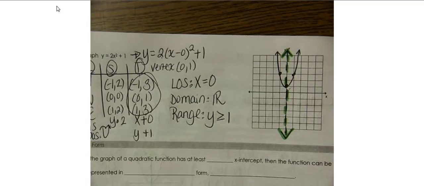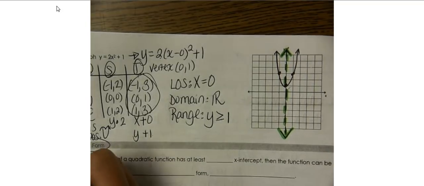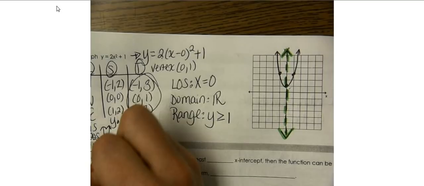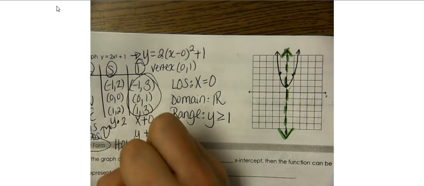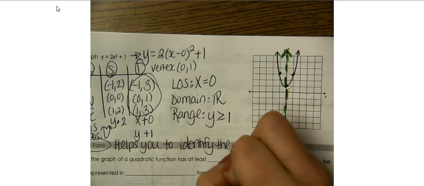Next, we're going to talk about intercept form. Intercept form helps you to identify the x-intercepts easily. Sometimes it's referred to as factored form as well.